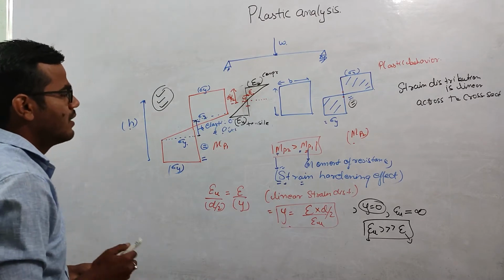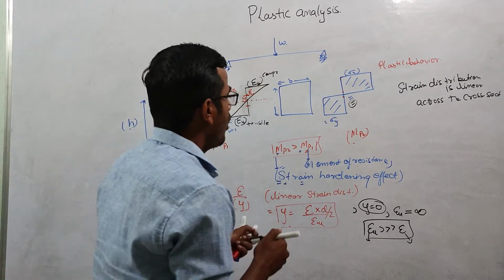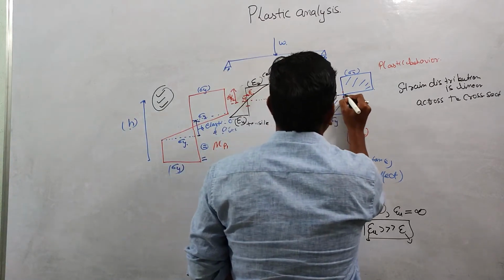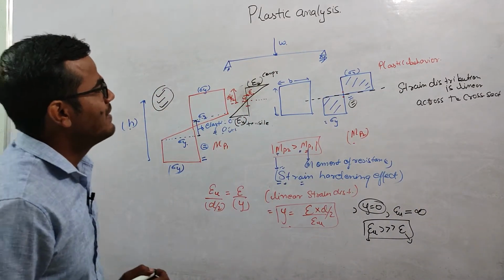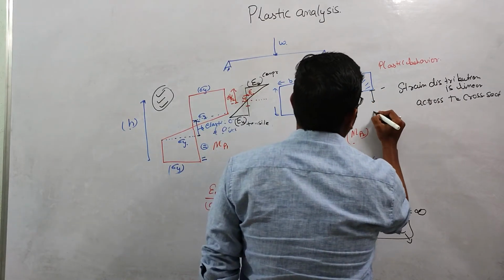And one more thing, here we talk about this axis. We need to talk about this axis because this is a very important term. This axis is called the plastic neutral axis.